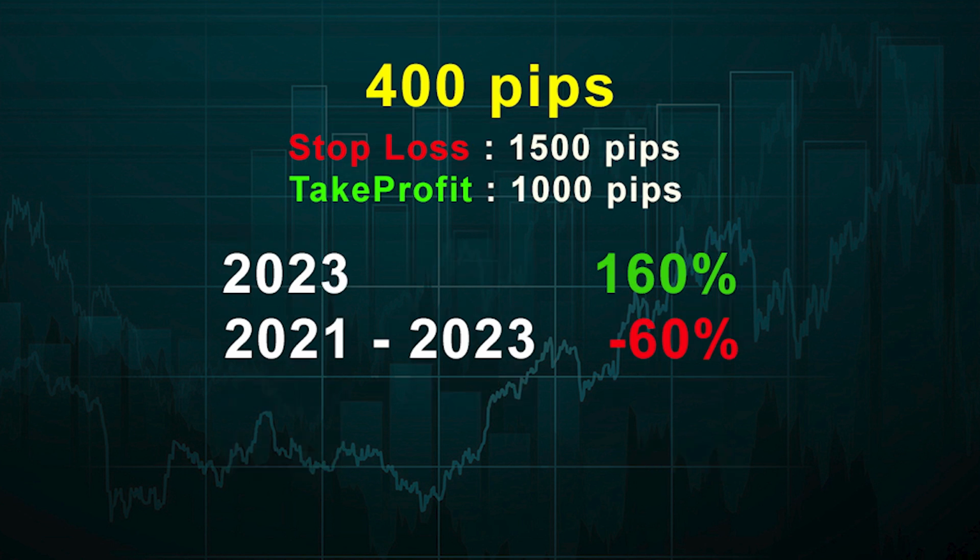Another one was 400 pips above or below, but our stop loss was 1,500 pips and take profit 1,000 pips. And for 2023 it had 160% profit, but for 2021 to 2023 it didn't work.